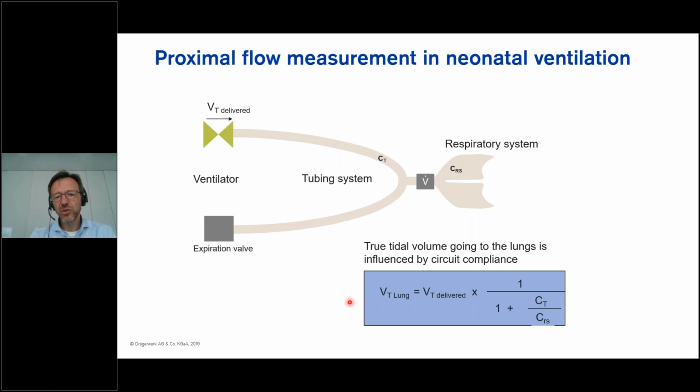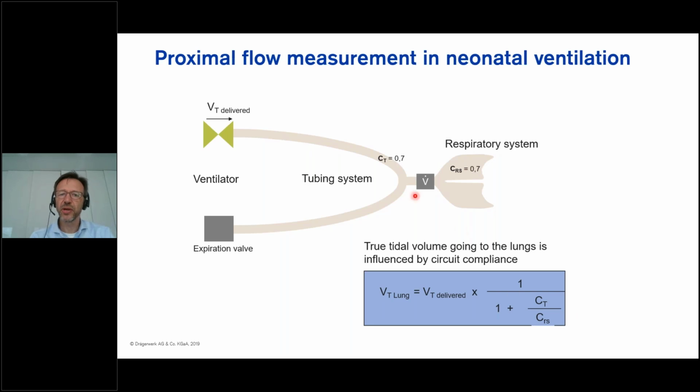Below, you see a formula which expresses how the tidal volume which goes to the lung can be calculated out of the tidal volume delivered by the ventilator into the patient circuit, the compliance of the patient circuit and the compliance of the respiratory system. Let's apply this to an example.